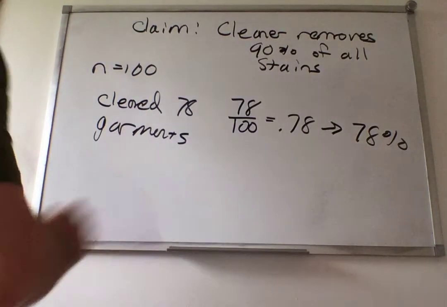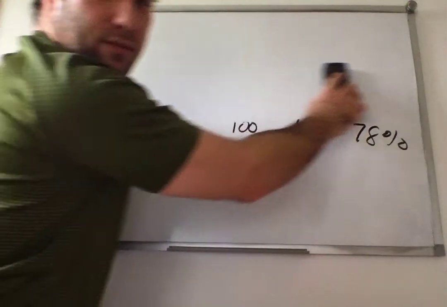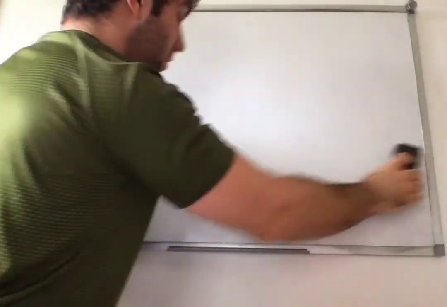Now, hypothesis testing is going to have two contradictory hypotheses or claims, and then we're going to run through some numbers.